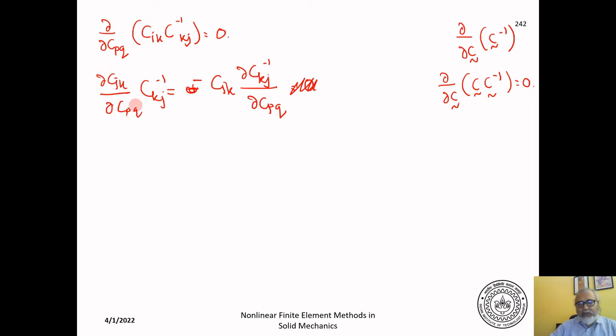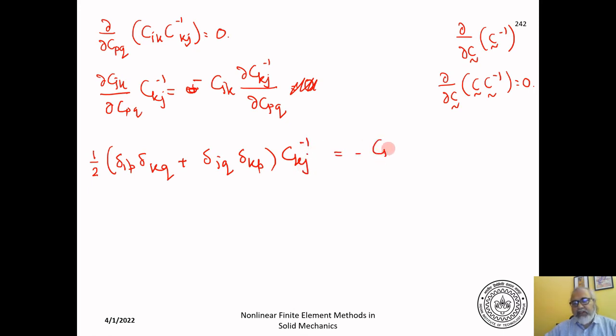Remember, this leads to the fourth order identity tensor, so this leads to half (delta Ip delta Kq plus delta Iq delta Kp) Ckj inverse is equal to minus Cik Ckj inverse times Cpq.